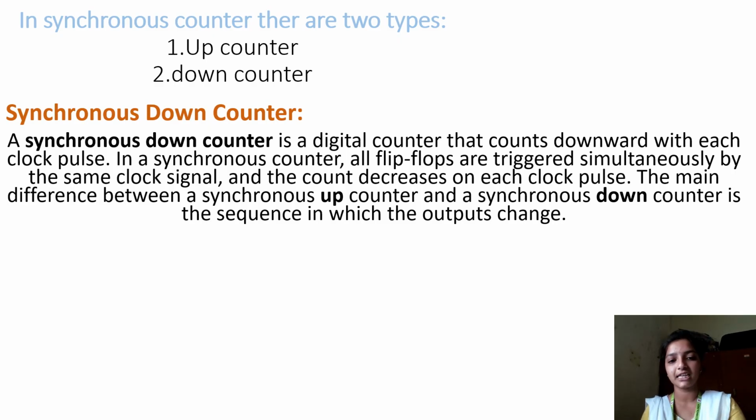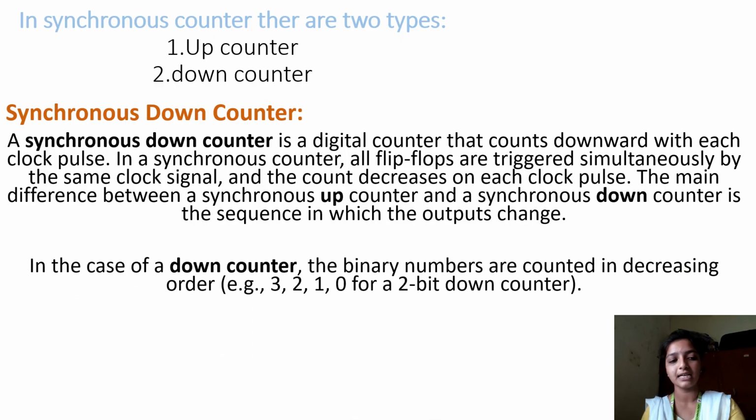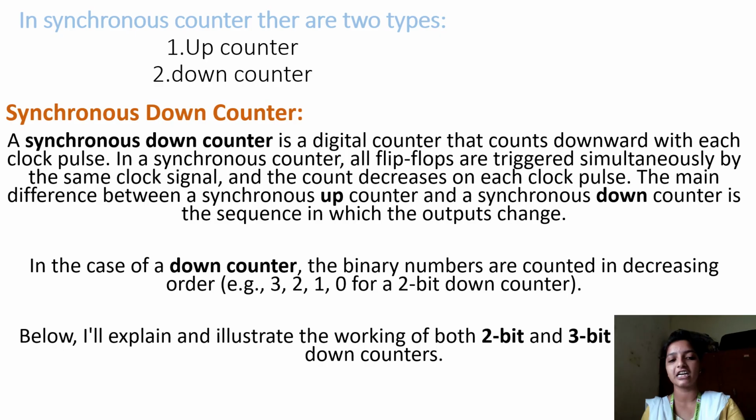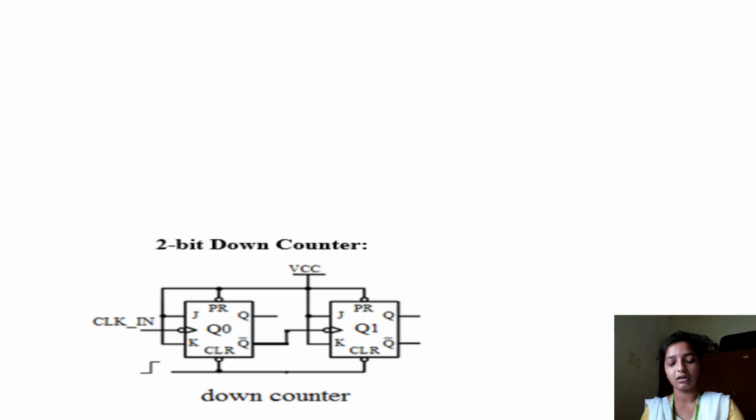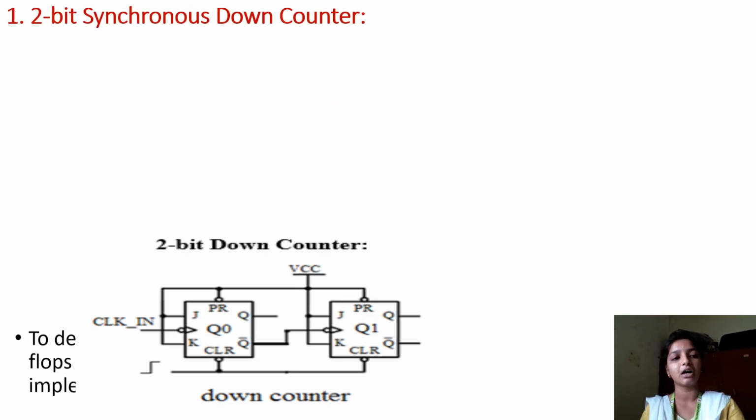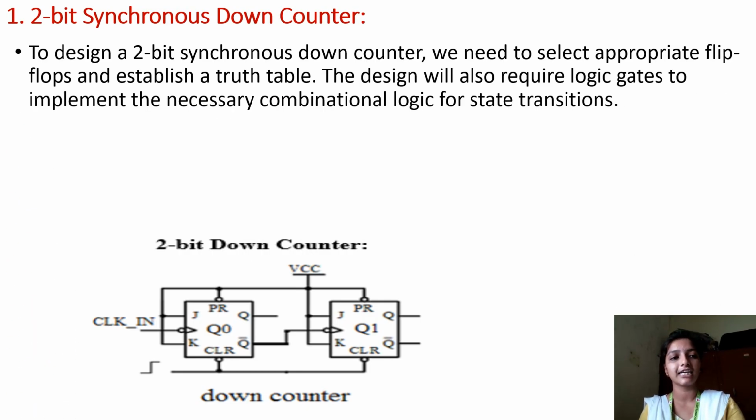The main difference between an up counter and a down counter is the sequence in which the output changes. In the case of a down counter, the binary numbers are counted in decreasing order, for example 3, 2, 1, 0. Now, the 2-bit synchronous down counter.